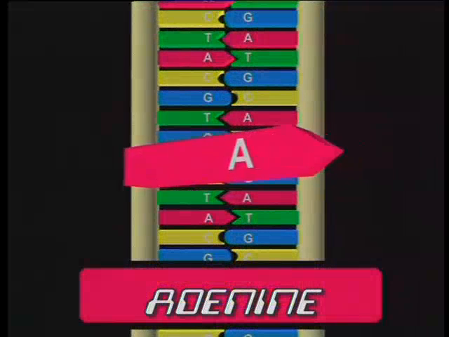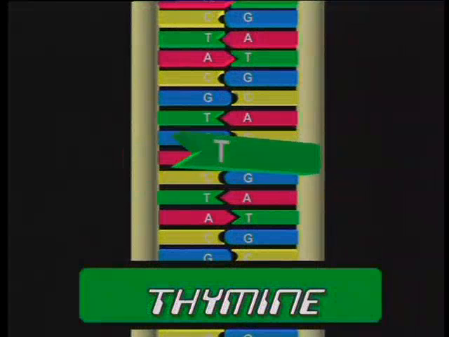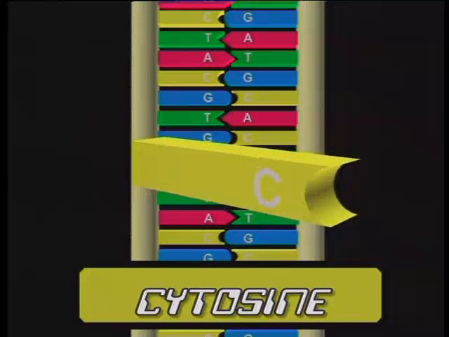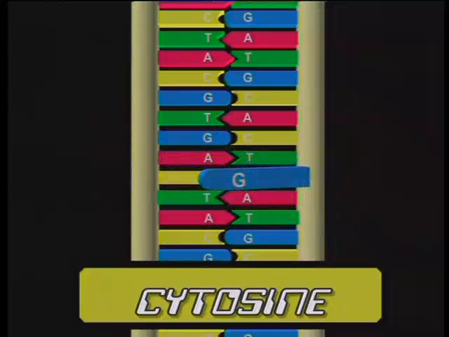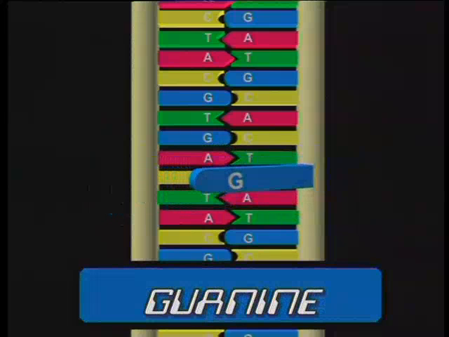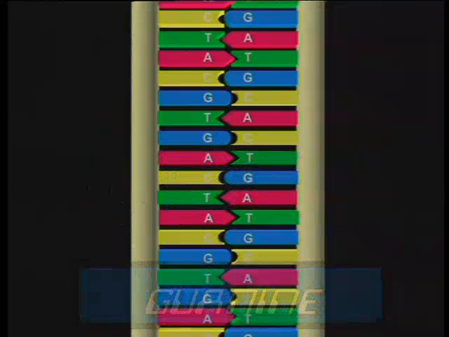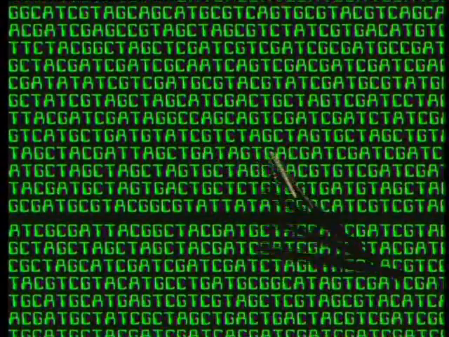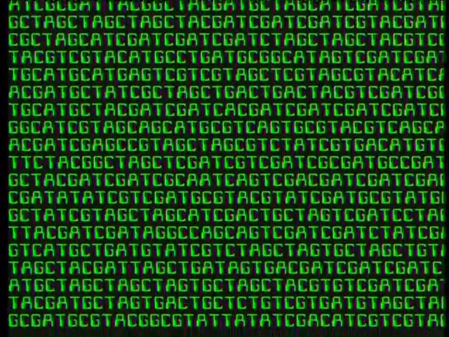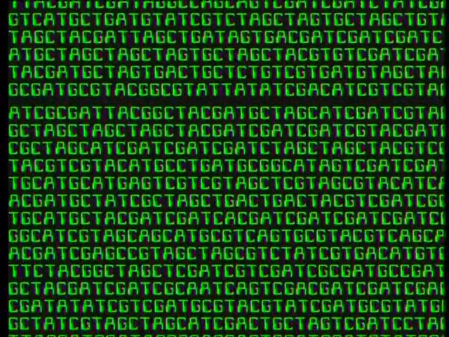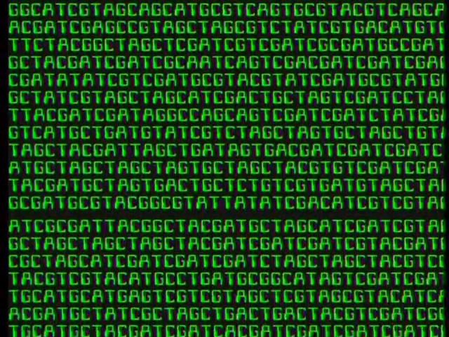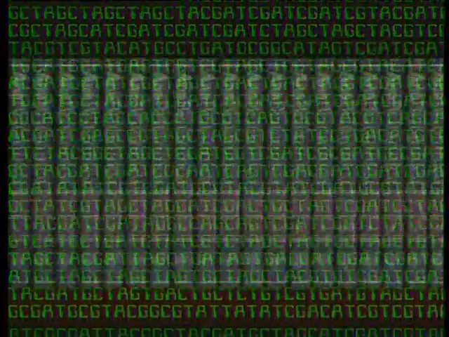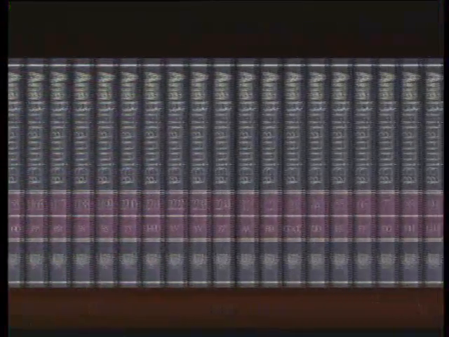A DNA chain is like a spiral helix composed of the sequential arrangements of 4 different molecules. These 4 different molecules are actually an alphabet of 4 letters. Thanks to this alphabet, an enormous amount of information that would fill hundreds of volumes of an encyclopedia is coded in the DNA molecule.